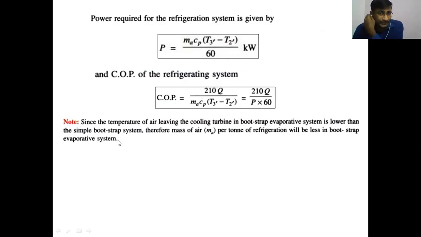Whenever the temperature is lower before the cabin, the mass of air required for the cabin is minimized. Clear? When the temperature is less, the mass of air required to produce the cooling load is minimized compared to the bootstrap system. This is about the bootstrap air evaporative cooling system.